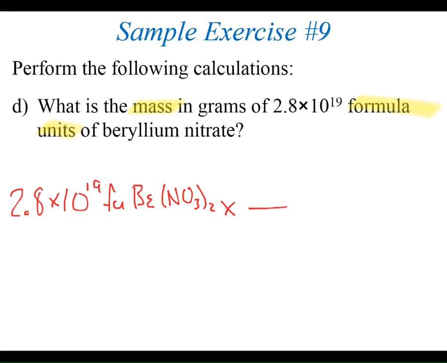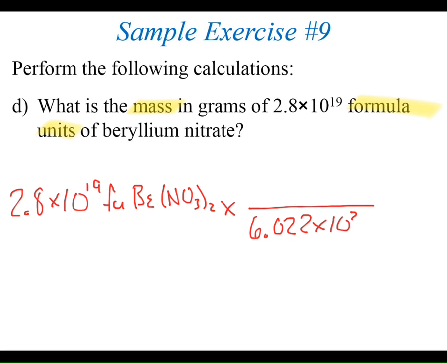Right, good. So, if I'm in formula units, that's a kind of particle. So according to my little magical flow chart over here, what's the only thing you can do with particles? Avogadro's number, right? So will Avogadro's number go on top or bottom? Bottom.